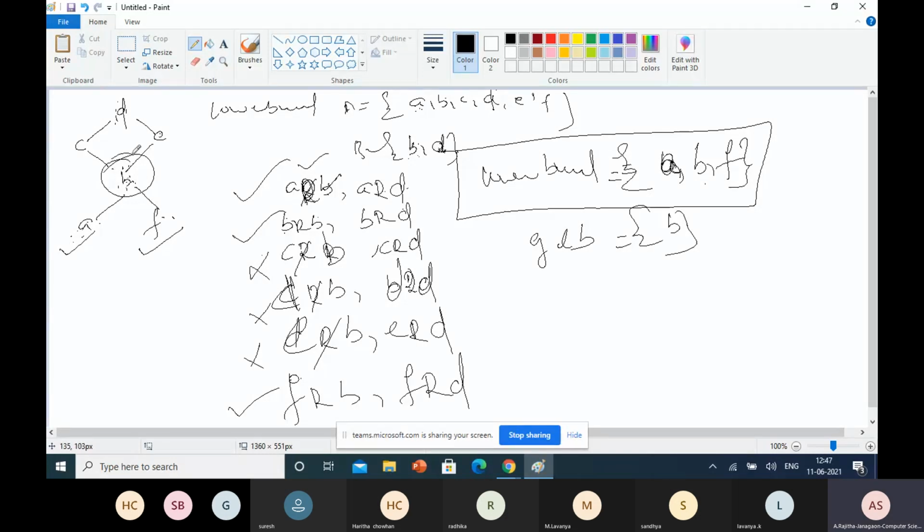B is closer to D and B is closer to B. So that's why the GLB is B. Okay, this is about upper bounds, lower bounds, greatest lower bound and least upper bound. So this is about the components of a poset.